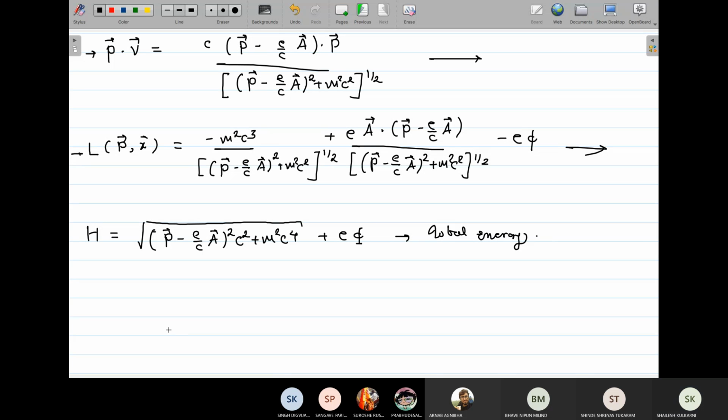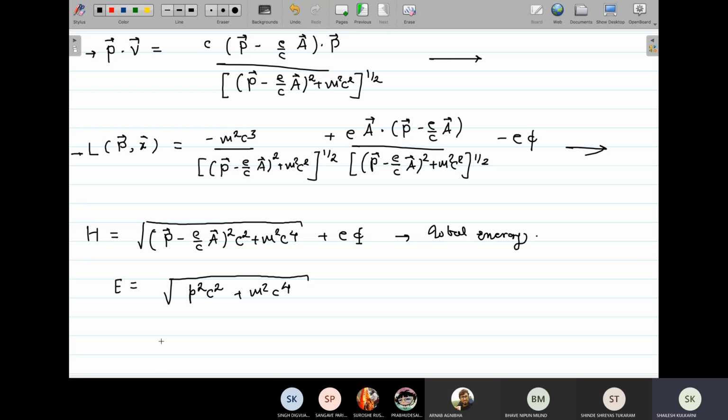Now if you compare this with the expression for a free particle, what will be the expression? P squared c squared, where P squared is vector P dot P, plus m squared c to the power 4. Clear?